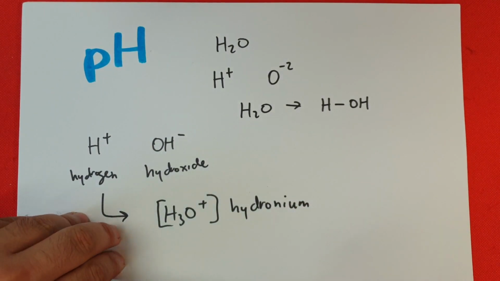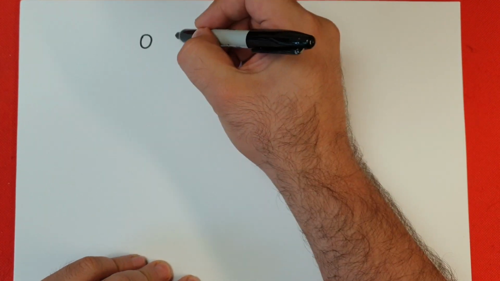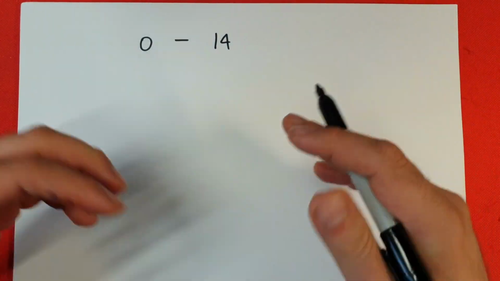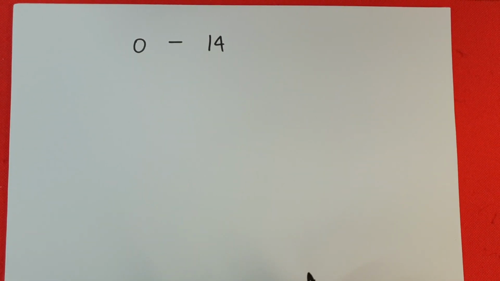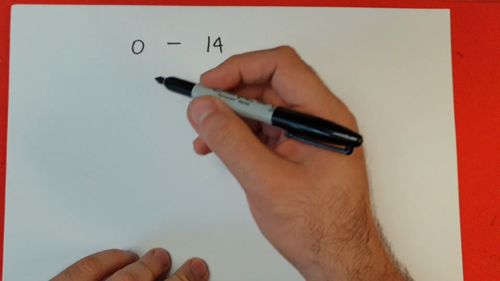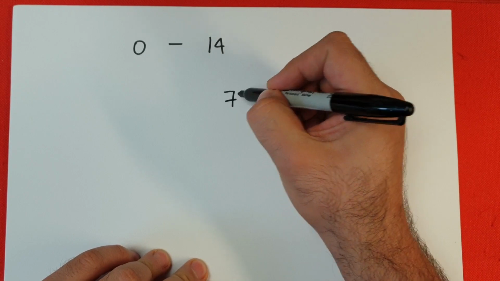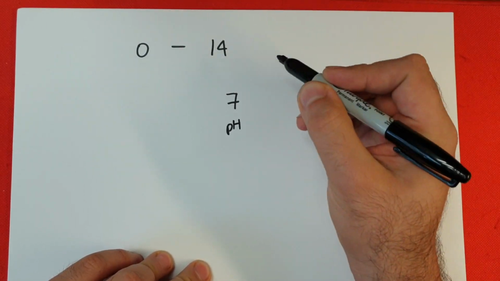So if we're a little bit more explicit, the pH scale goes from 0 to 14, which is a value that we obtain from the concentration. If we're talking about the midpoint, a pH of 7 is said to be neutral.